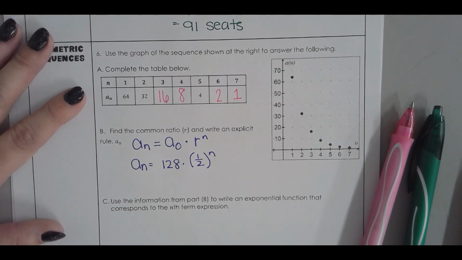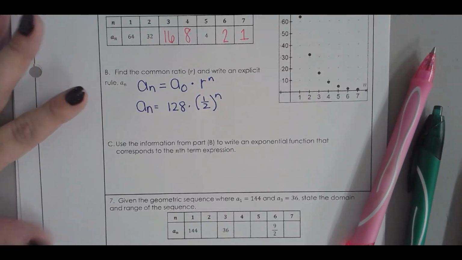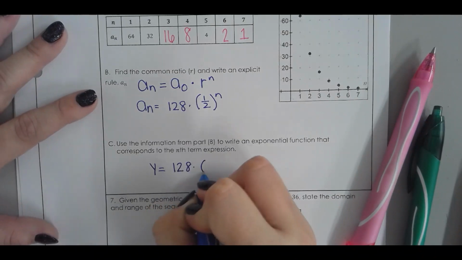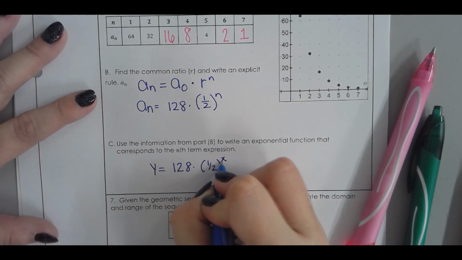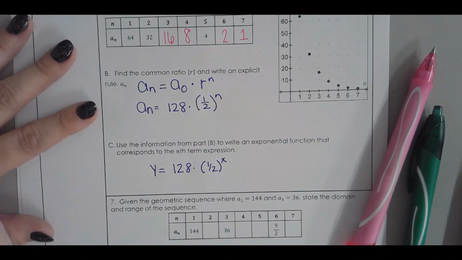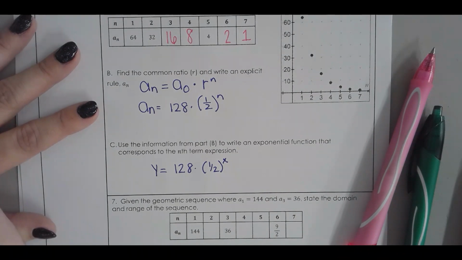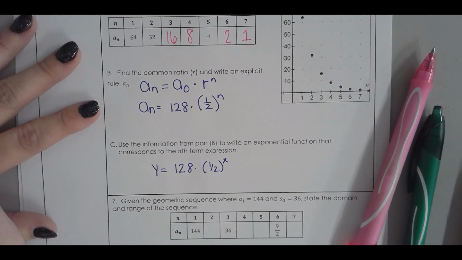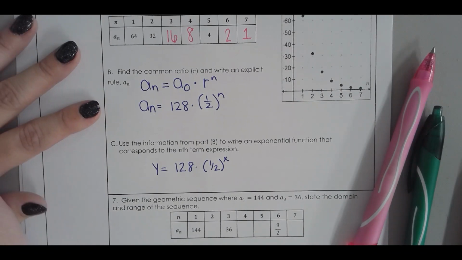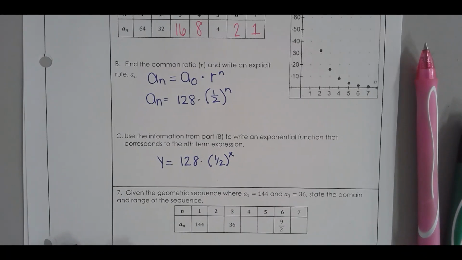Good. And if I wrote this out like it was just a normal exponential function, I would write y equals 128 times 1/2 to the x. They're essentially the same thing. Any questions?